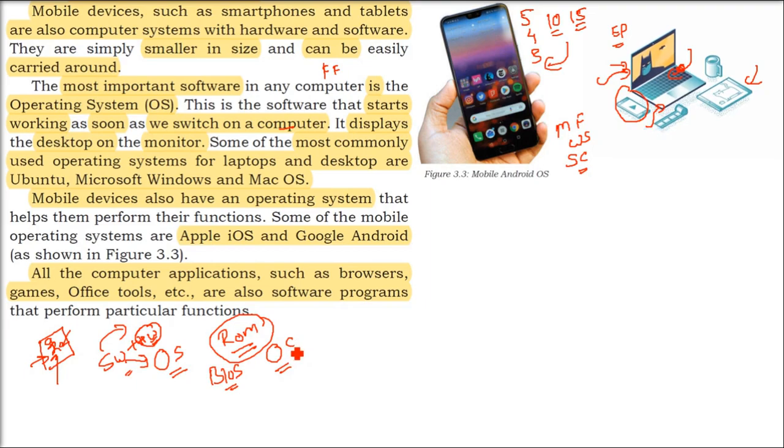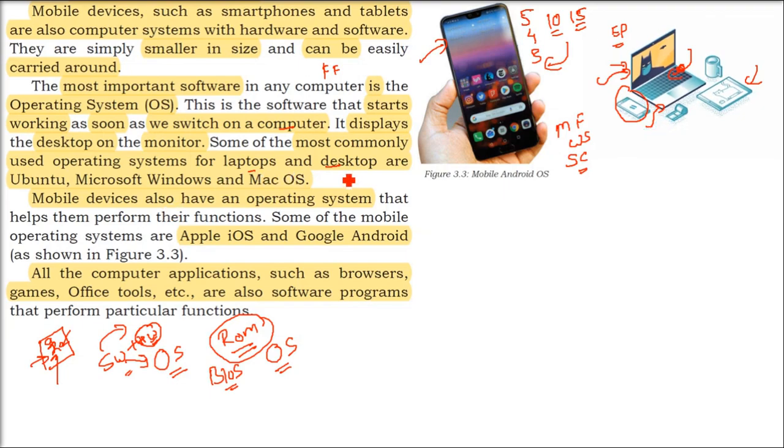Now the computing system will be handled by the operating system. Before that we have BIOS, which is already done by the hardware, but after that it is all by the operating system. So we have operating systems on laptops and desktops like Ubuntu, Microsoft Windows, Mac OS.